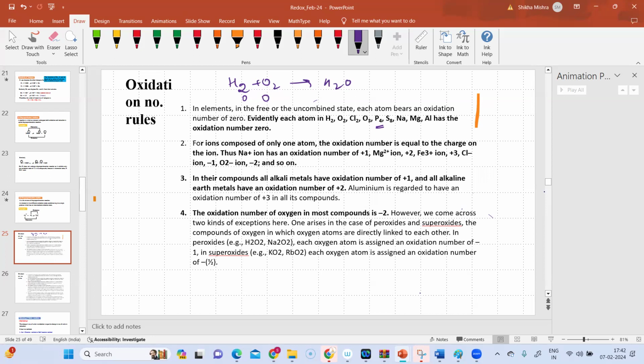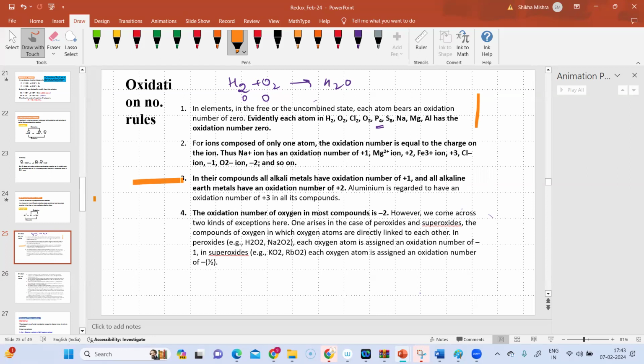Here in rule number 3, we are going to use our periodic table. We have learned the periodic table just to know more about the oxidation numbers, right? The elements of group 1, 2, and 13. Group 1 is lithium, sodium, potassium, rubidium, cesium, francium, and group 2 is beryllium, magnesium, calcium, strontium.